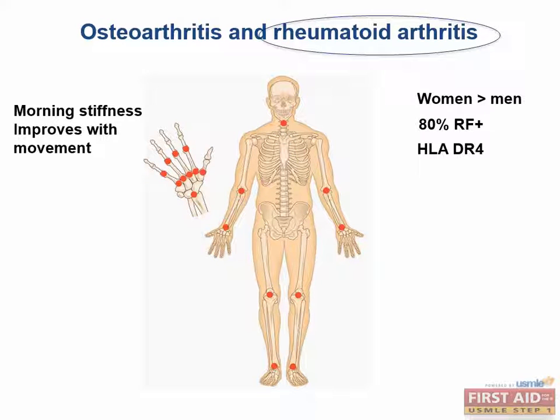Also, the disease tends to be symmetric. So, if certain joints in the hand are affected, and then the same joints on the opposite hand tend to be affected, then you have rheumatoid arthritis. What else should you look for when you're thinking rheumatoid arthritis? Systemic symptoms.